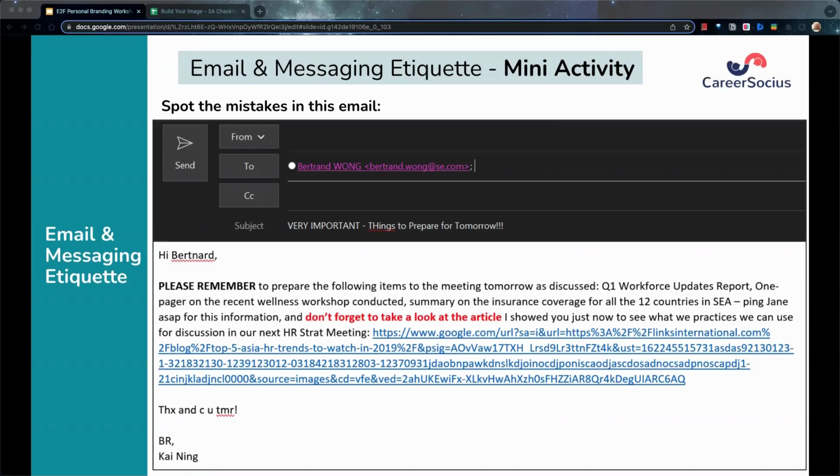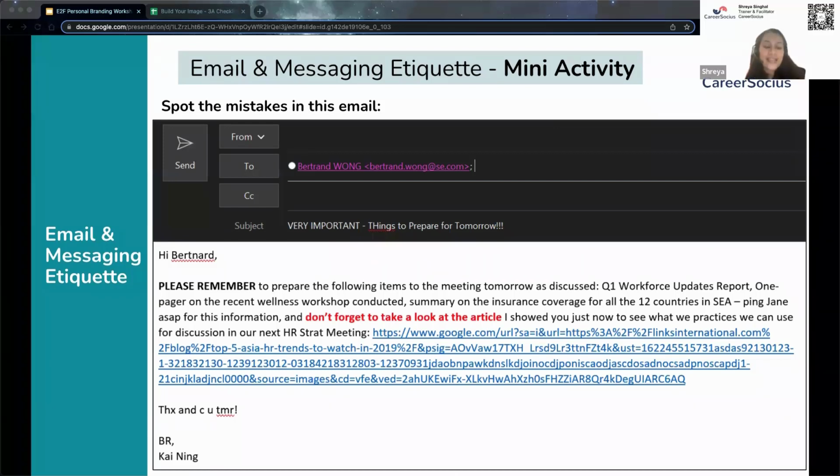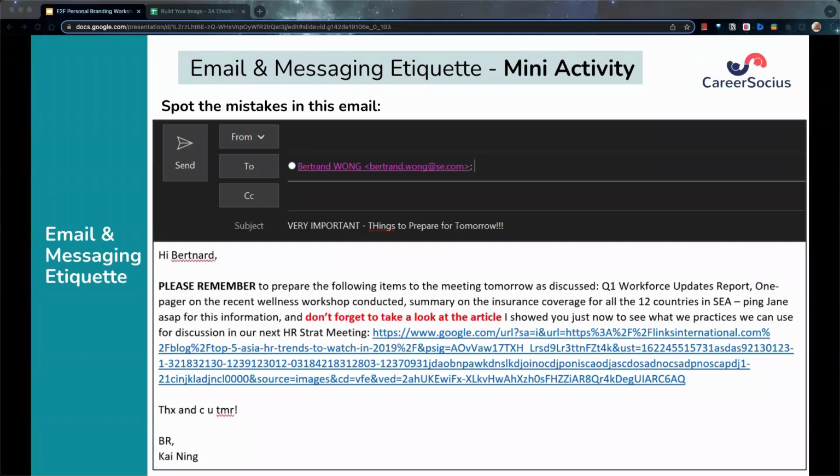Abbreviations and spelling the person's name wrong. Yeah, and then the subject. Yes, definitely. Anything else? The whole text is just one chunk of text. It's really too much. And then the rate, and then there's "please remember."